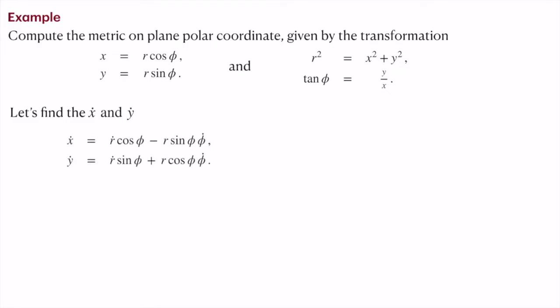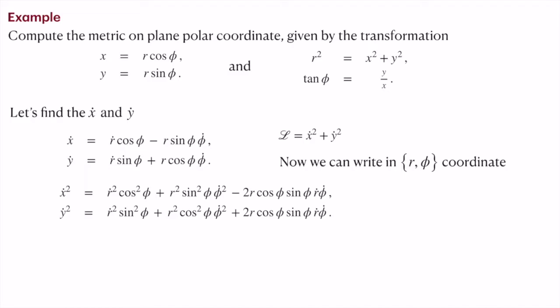x dot is given as r dot cos phi minus r sin phi phi dot. In the same way, y dot can be computed easily. y dot is equal to r dot sin phi plus r cos phi phi dot. Now once we have this, we know that the Lagrangian is given by x dot squared plus y dot squared in the inertial frame, and we can substitute this x dot and y dot and compute the Lagrangian in the polar coordinate system.